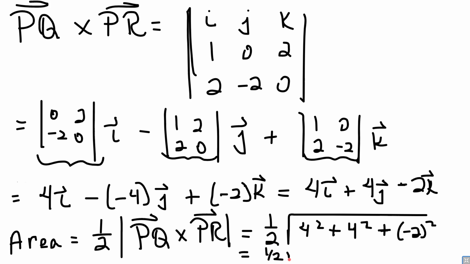So when we evaluate the expression under the radical, what are we going to get? 36. So we're going to have 1/2 of 6, or we get a value of 3. And that would be the area. Any questions?